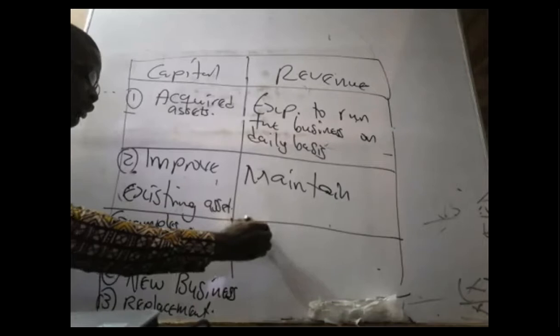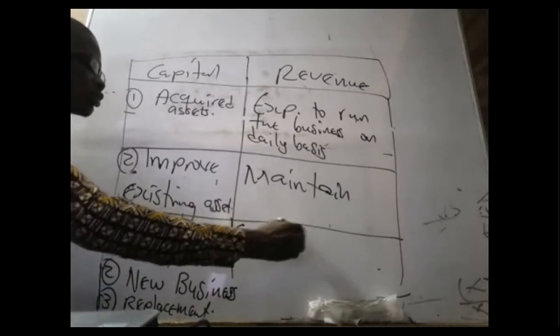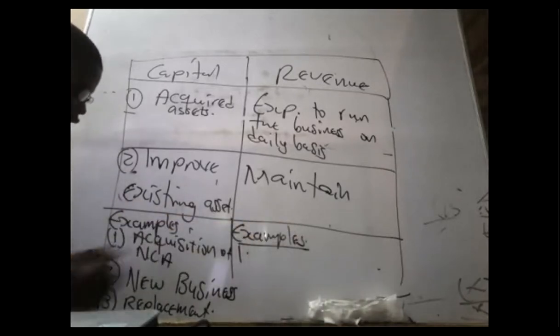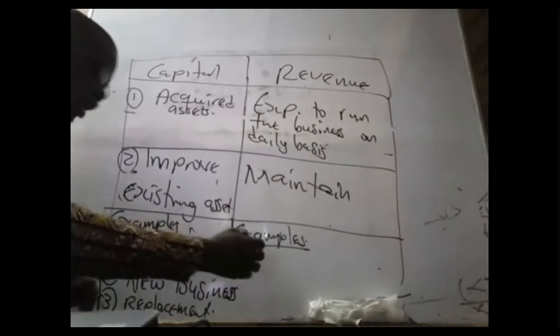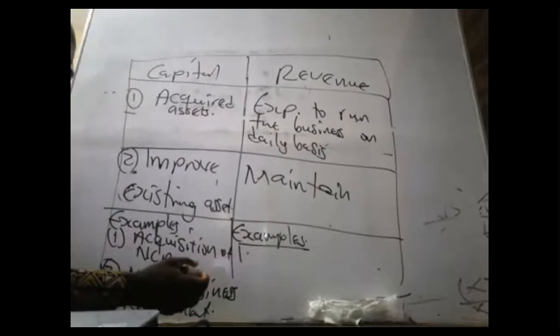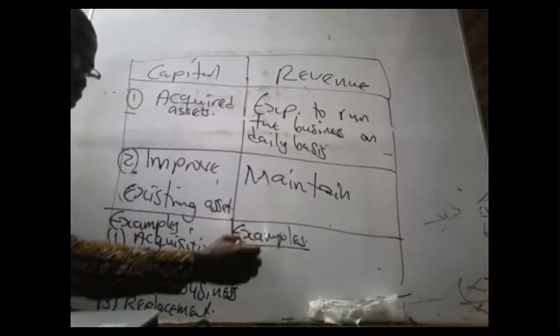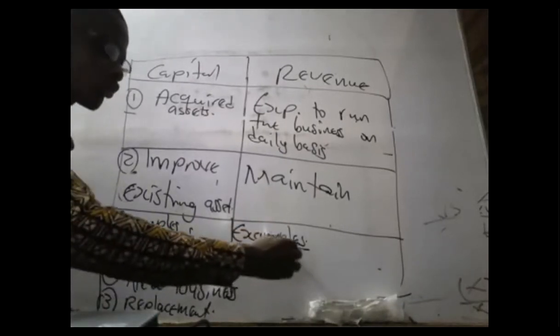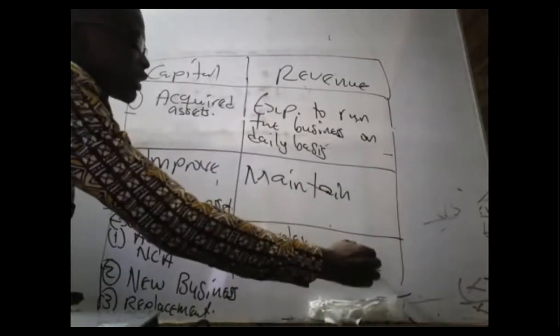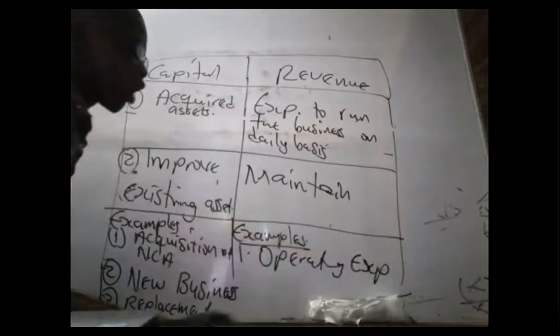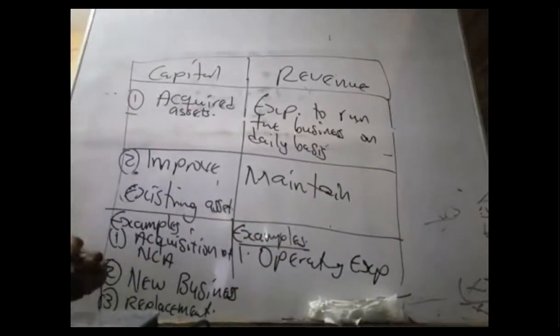Number one, where we acquire non-current assets, here we are just spending on operating expenses, so operating costs. All the operating expenses are revenue expenditure.